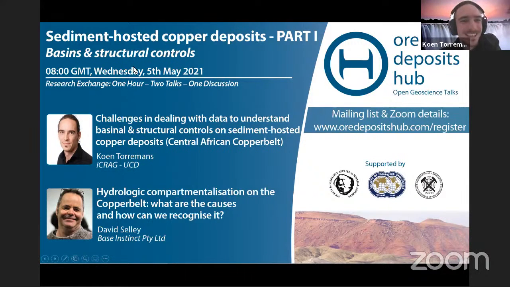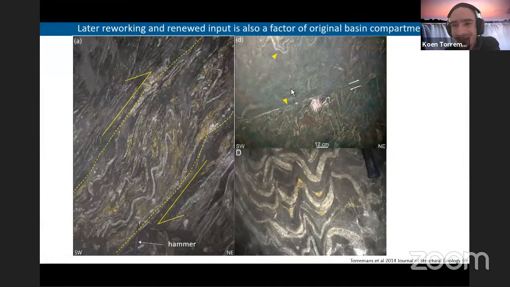Philippe does as well, because I think I may have the answers to some of that. I haven't worked on Nchanga myself either, but the carbonaceous shale facies, as you mentioned, is typically lower grade, but it is also much more deformed, and you do get a lot of accommodation space during the formation. I've anticipated that it's not just basinal mineralization. This gets reworked, and you get maybe new inputs of mineralization, and some of the work that Filipa has shown is multi-phase mineralization pulses.